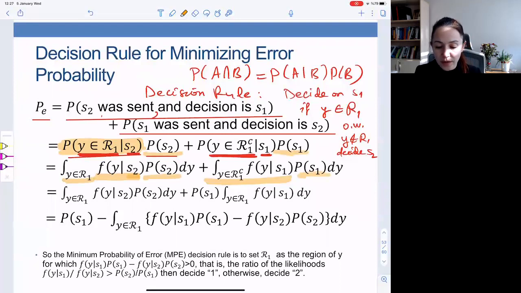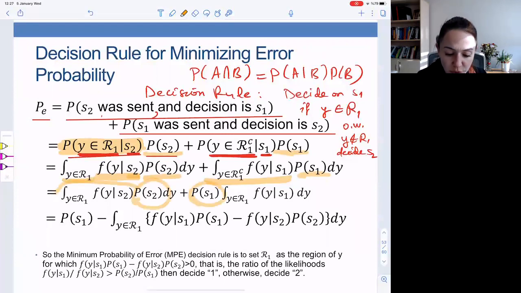Okay, and then, what we can do is put these terms outside the integral because they're constant. We can put this outside the integral, and we can notice that P(S2) is nothing but 1 minus P(S1).